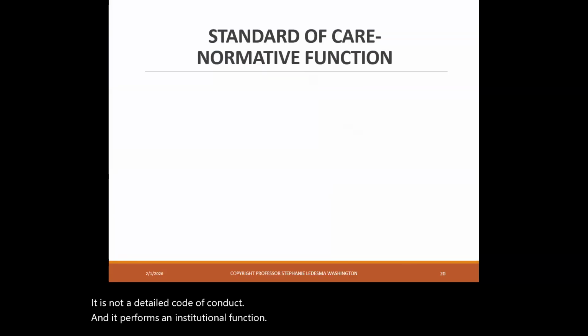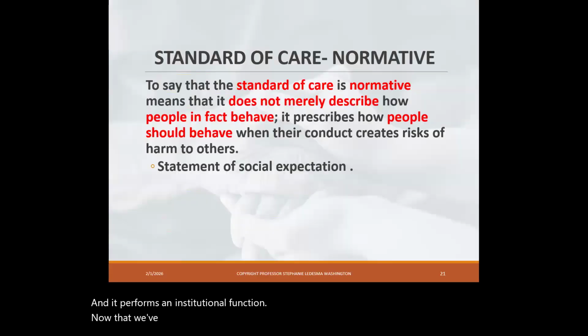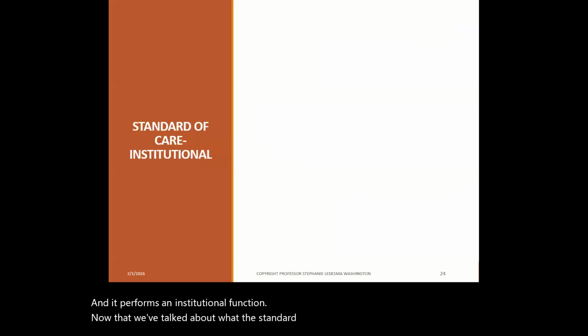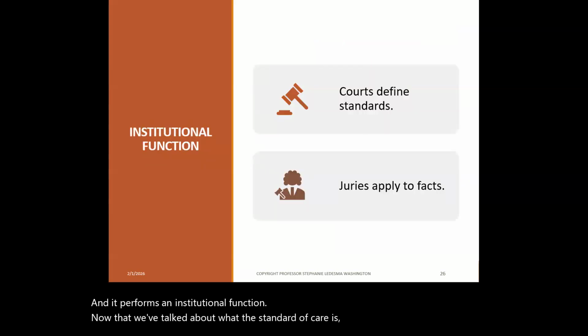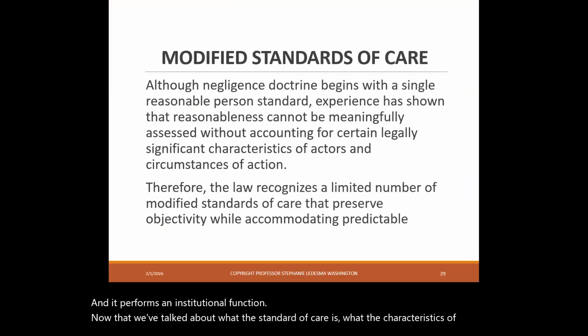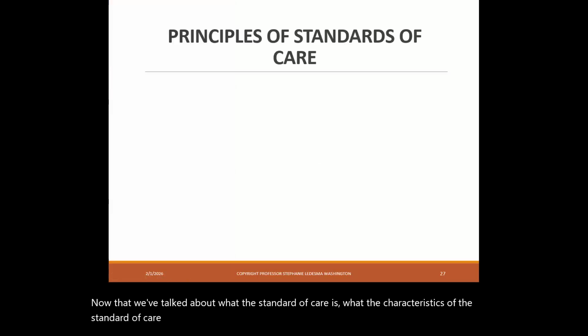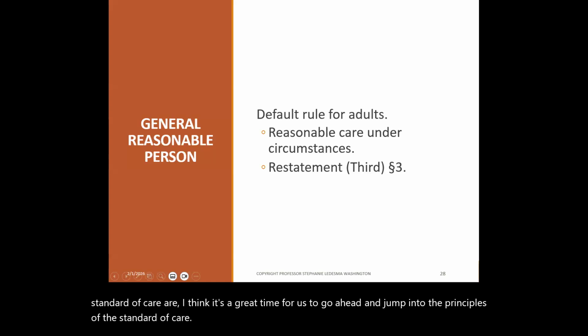Now that we've talked about what the standard of care is, what the characteristics of the standard of care are, I think it's a great time for us to go ahead and jump into the principles of the standard of care. So I told you before that there's going to be 9. Let's take a look at the 9.